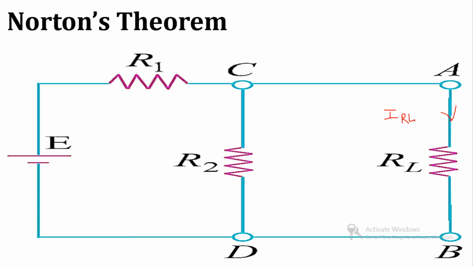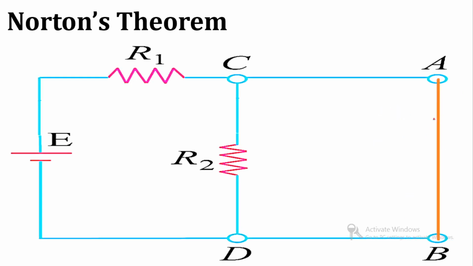We have to short circuit this load resistance. In Thevenin's theorem we open circuit this load resistance, but in Norton's theorem we have to short circuit this load resistance. So I will short circuit the terminal AB.